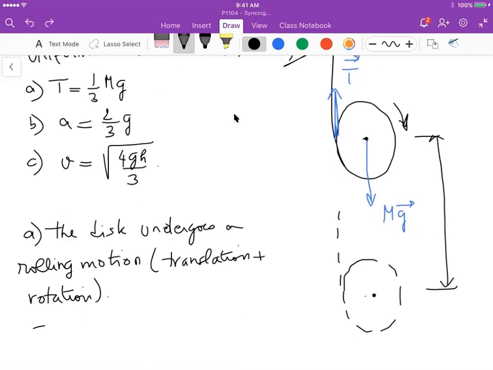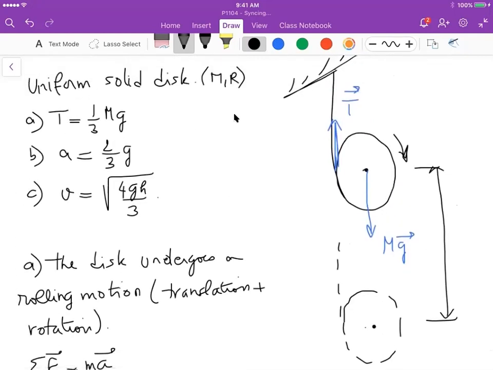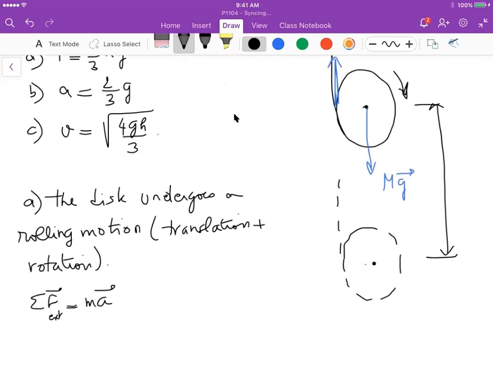And so let's write down the sum of external forces is equal to m times a, right? So we have two forces basically acting on this object, T and mg, and the object is moving down, so the acceleration is in the same direction as mg.